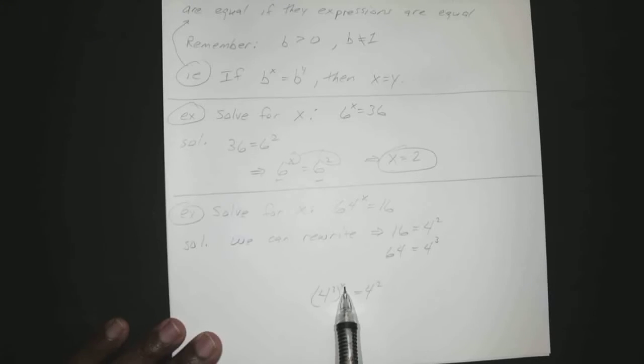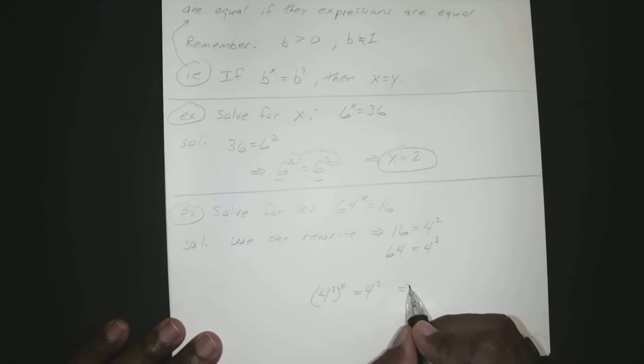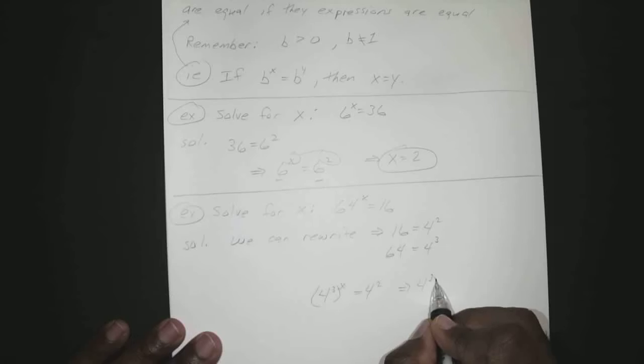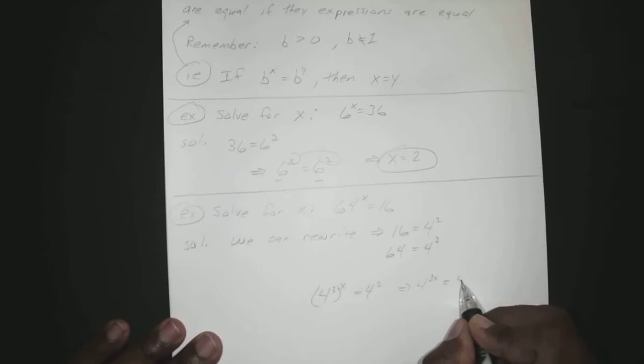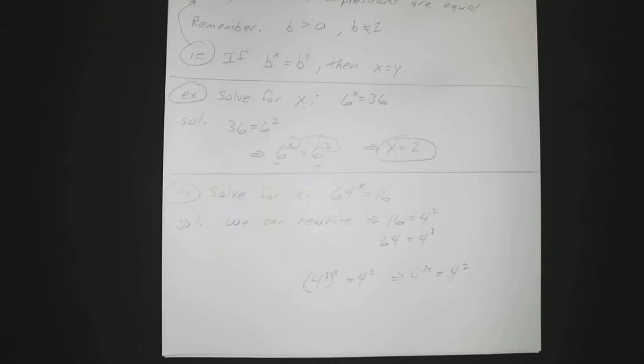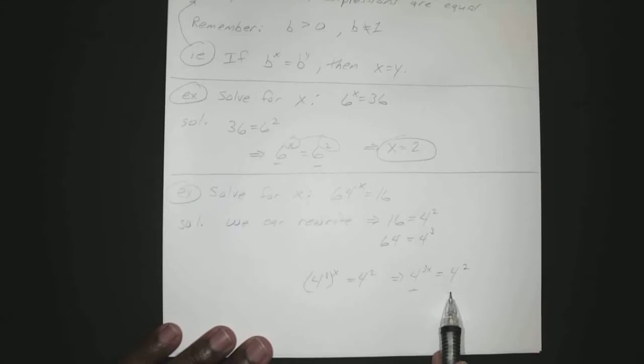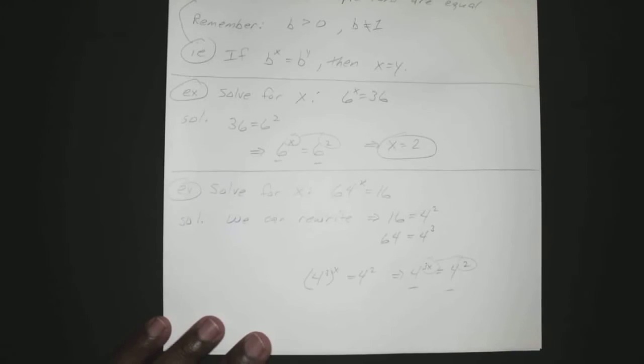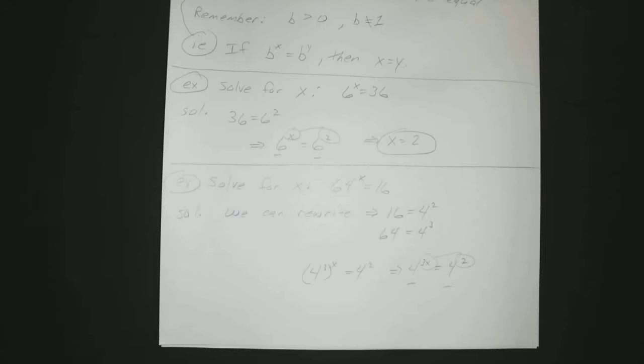Okay. So we know the power rule for exponents. That's 4 to the power of 3x equals 4 squared. Once again, if our bases are the same, the only way that can be equal is if your exponents are equal. So in this case, 3x would have to equal 2.